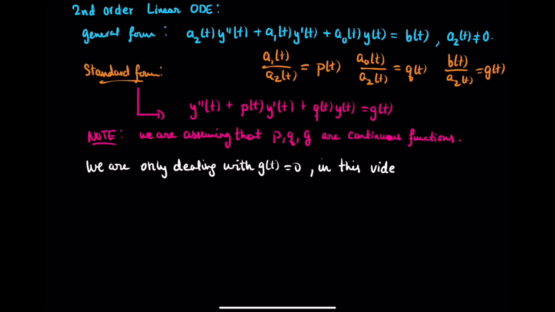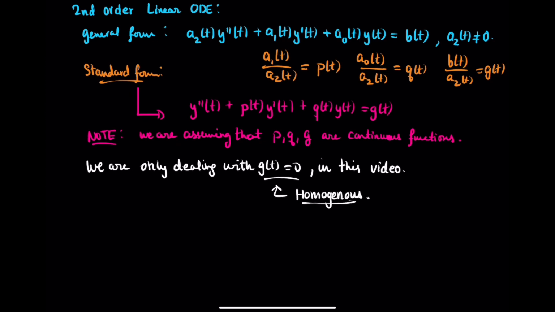First it's important to know how to solve the homogeneous differential equation, and once we know how to do that, then we will go and solve the non-homogeneous case. This g(t) equals 0 is the homogeneous case, just for the record.